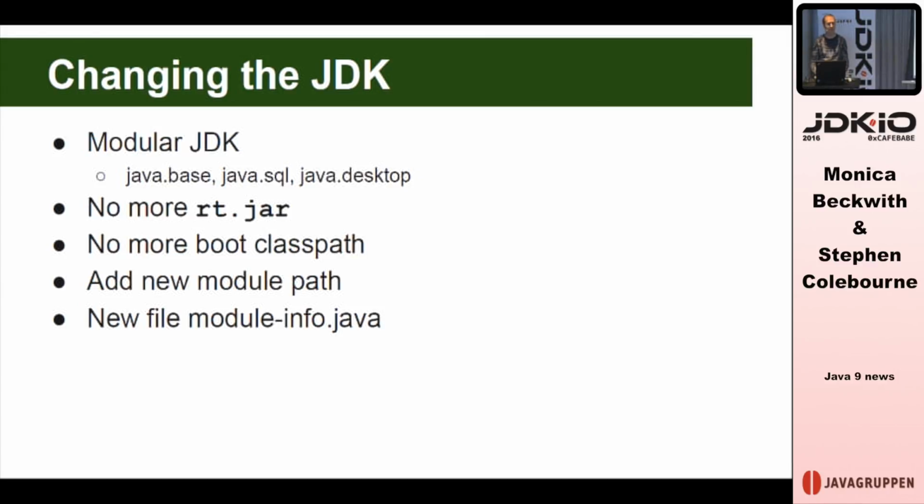So 30, 40, 50, I haven't actually counted how many modules there are in the Java, but yeah, the JDK will have more than one file now to represent. There's no more boot Classpath, and there's something called module path that's going to replace Classpath. Plus there's a new file called module-info.java, matching the package-info.java that you've probably used before.